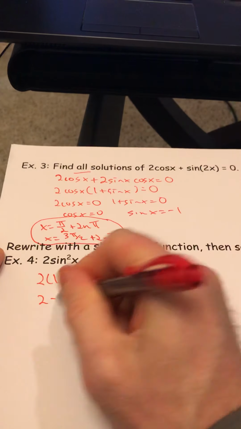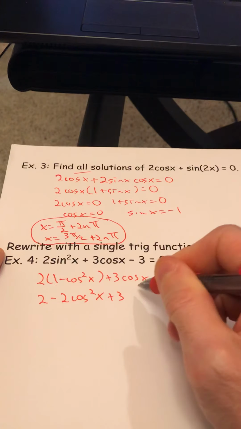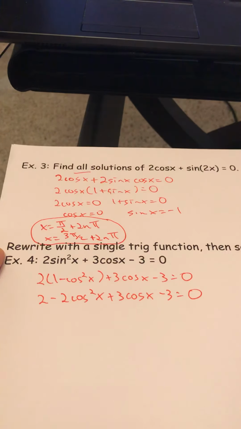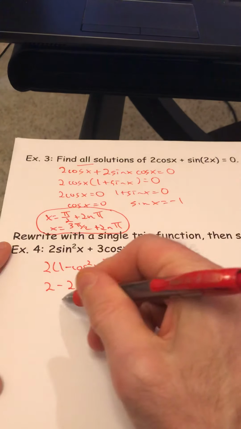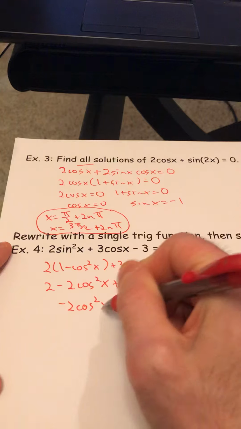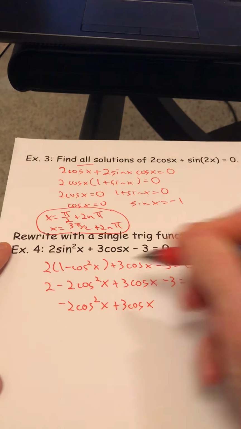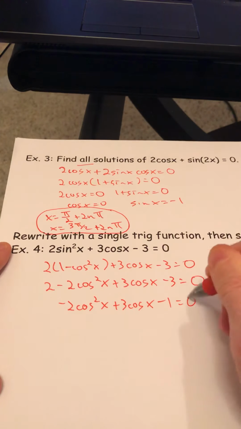Distribute. And now we can combine some like terms. So negative 2 cosine squared x, 3 cosine x, 2 and negative 3 is negative 1.